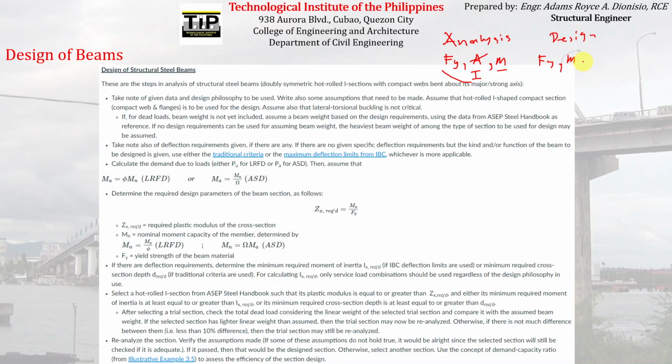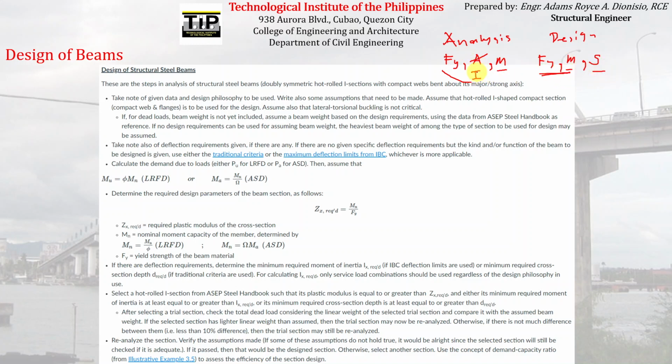And what we are asked is to find a section with a particular section modulus or moment of inertia, because the two quantities are related to each other. So we are asked for a section modulus or moment of inertia that will produce a stress less than the stress being induced by the given demand. Okay, so for the design, these are the given and this is the required.